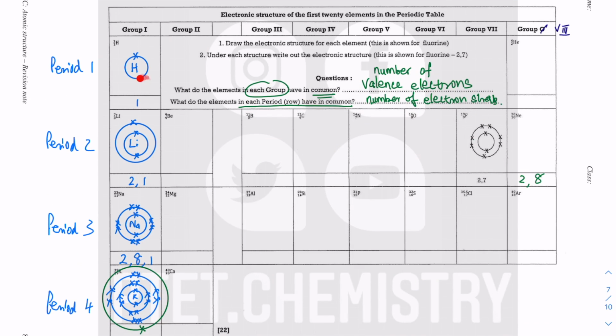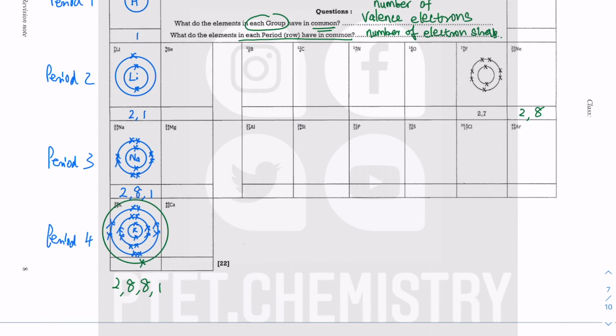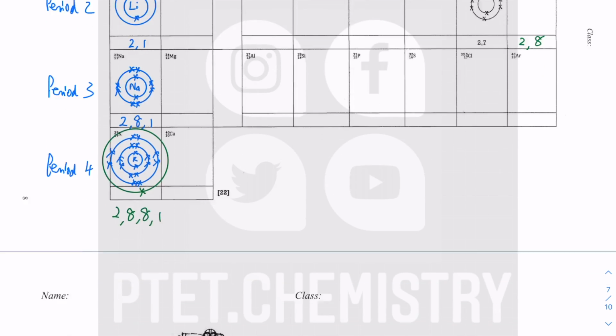The first shell, period 1, 2 electrons. Period 2 can accommodate 8 electrons. That's why you have 8 elements across the second period. Period 3, 1, 2, 3, 4, 5, 6, 7, 8. Again, it fills up to 8. Then you go to the new period, period 4. 1, 2, 3, 4: first shell, second shell, third shell, and fourth shell.